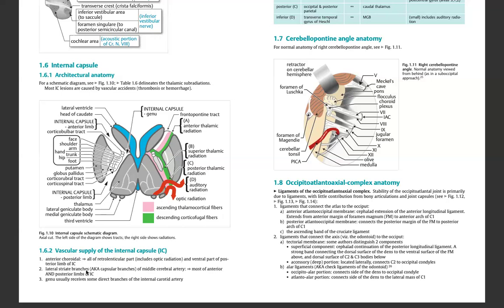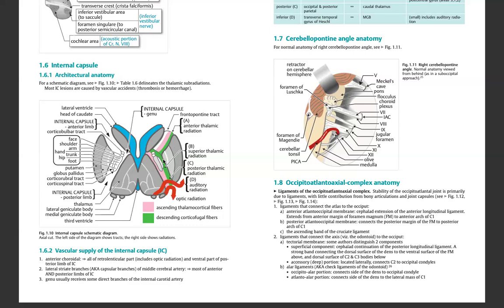The lateral striate branches, or capsular branches, of the MCA supply the majority of the anterior and posterior limbs of the internal capsule. The genu receives direct branches from the internal carotid. So the anterior choroidal artery supplies the posterior limb of the internal capsule and the retrolenticular parts.